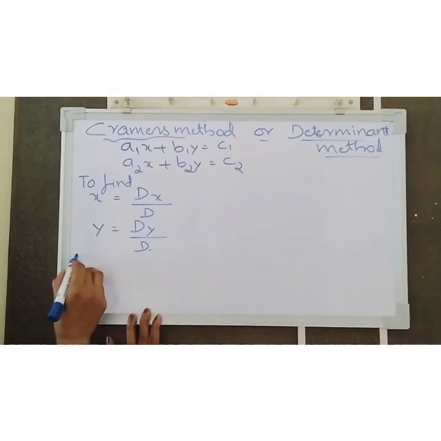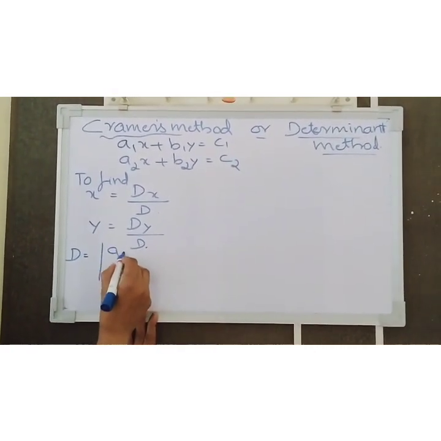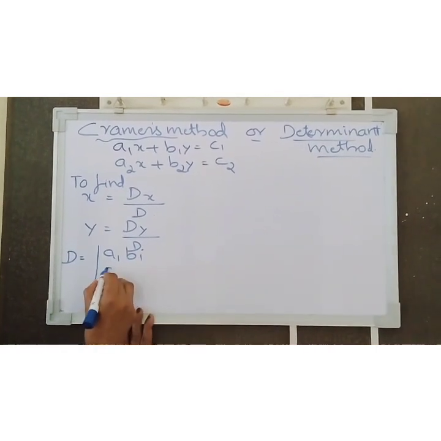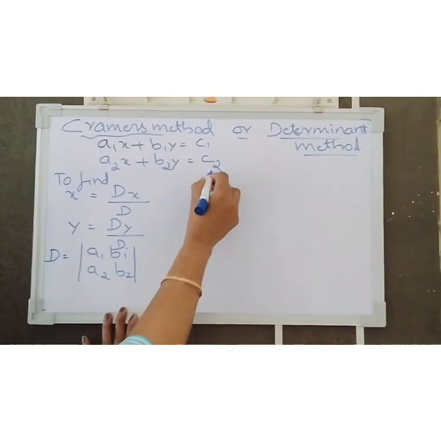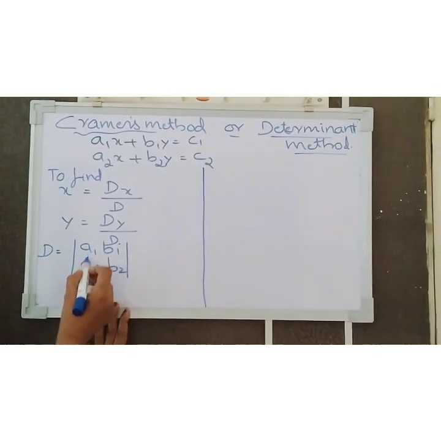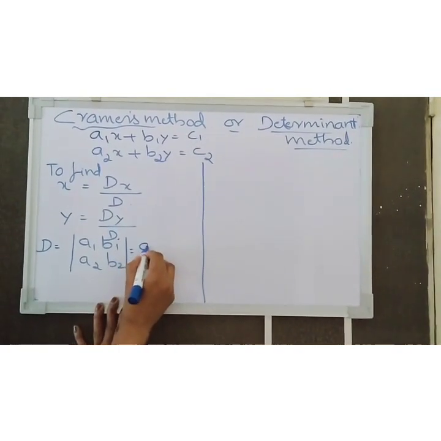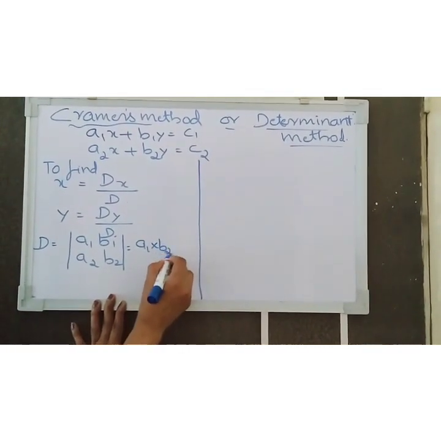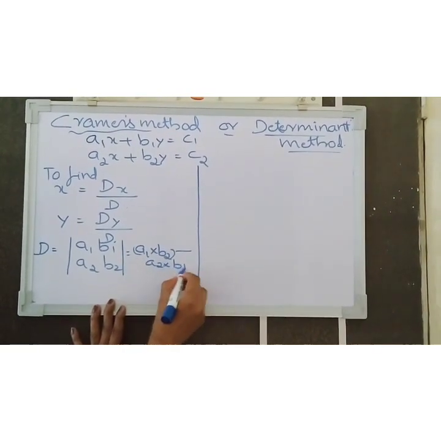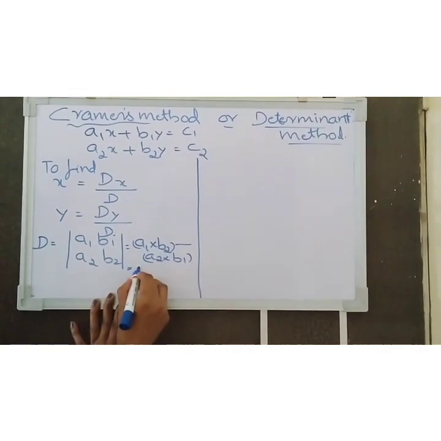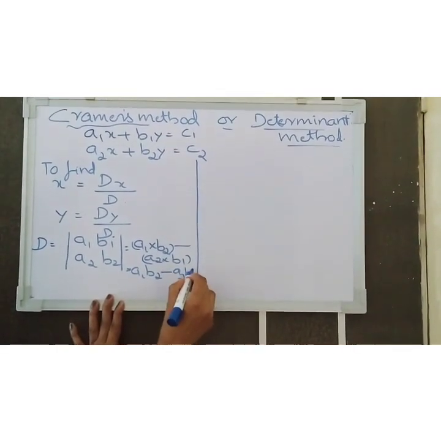Here d is equal to the determinant of a1, b1, a2, b2, which equals a1 into b2 minus a2 into b1. That is a1 b2 minus a2 b1.